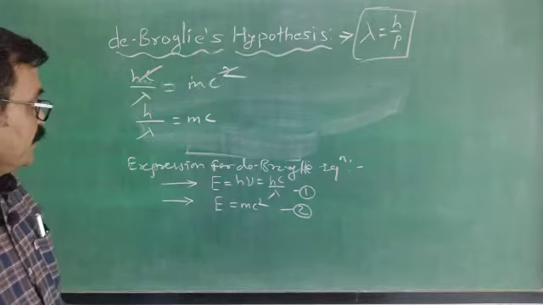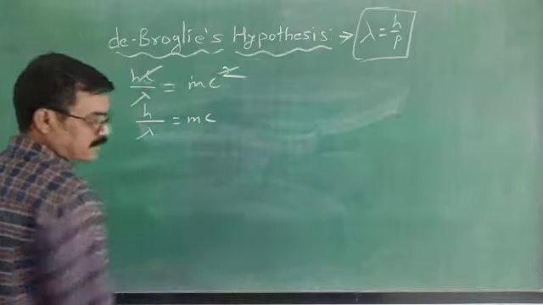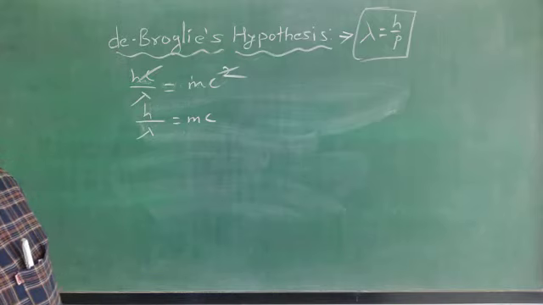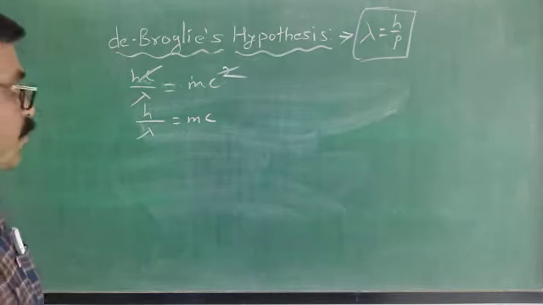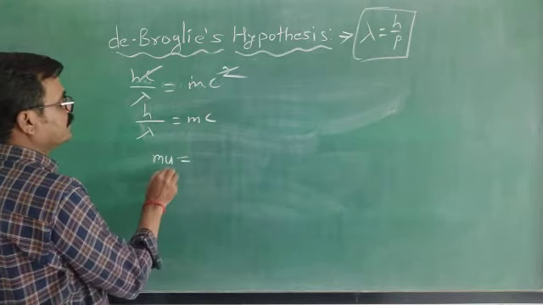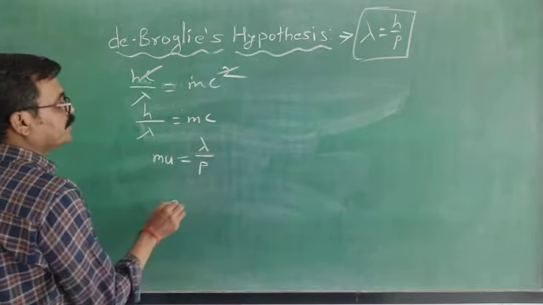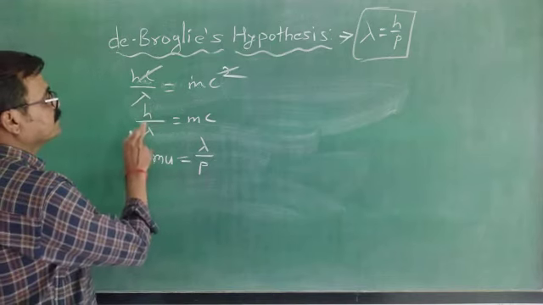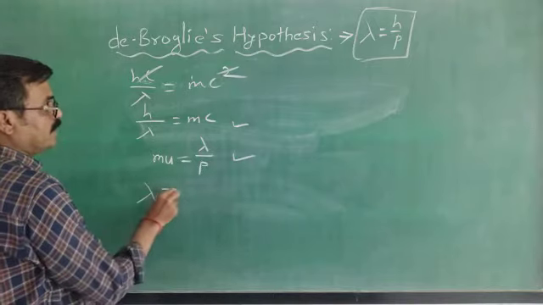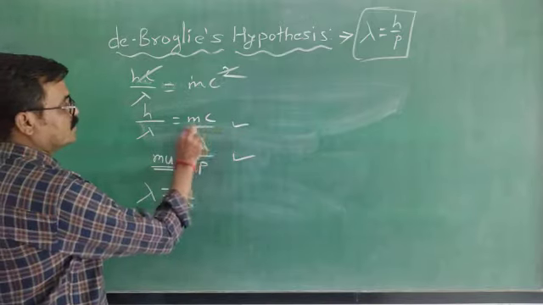According to de Broglie, for a particle with velocity v and mass m, mass into velocity is the momentum p. So from equation 2 we may write lambda equals h upon p.